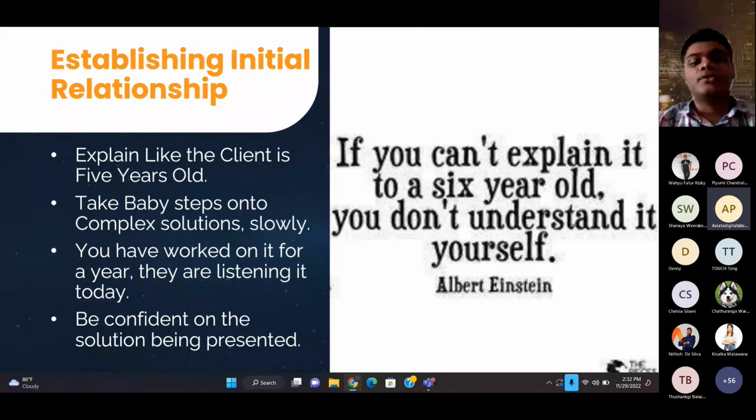That's why you should always take baby steps onto complex solutions slowly. Break it down and take simple, baby steps in proposing a solution, mainly when it comes to architecting business platform solutions. When you're explaining to a new partner, you should be taking baby steps. Why?